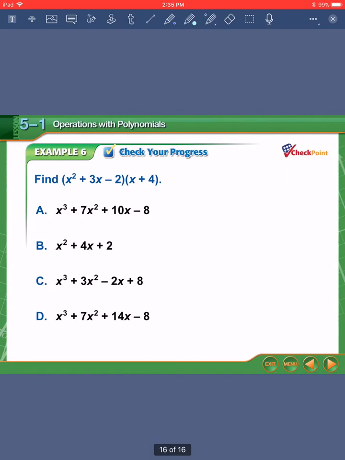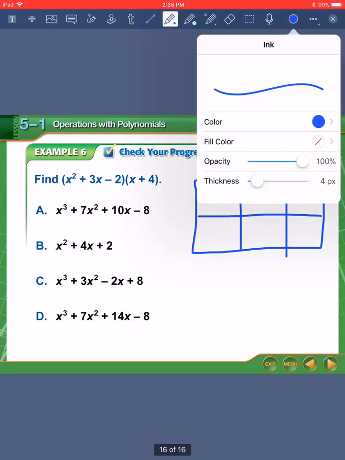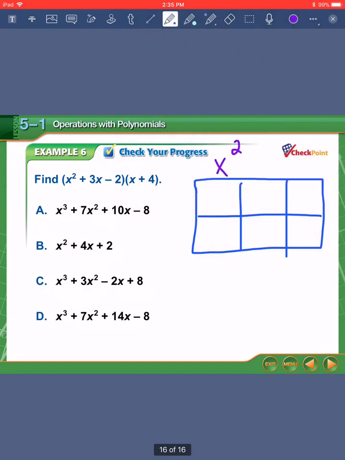So one more of these, I have x squared plus 3x minus 2 times x plus 4. So I'm going to make a 3 by 2 box. Okay, and then the top of my box, I'm going to put my trinomial. So that is x squared plus 3x minus 2.